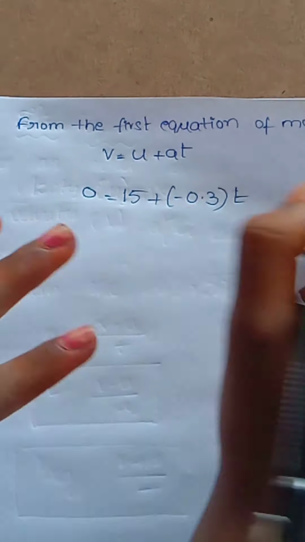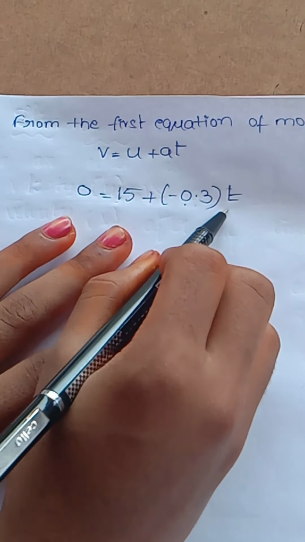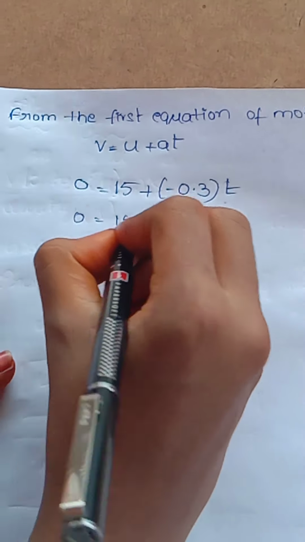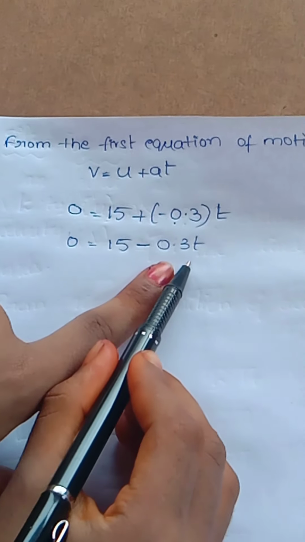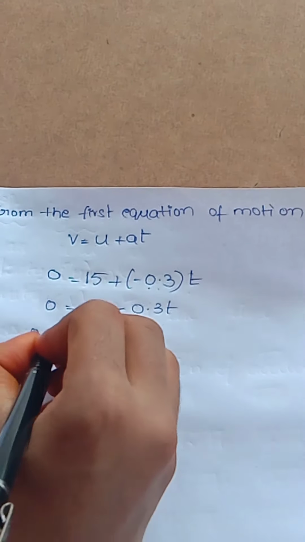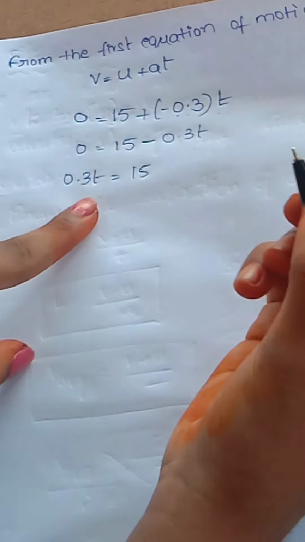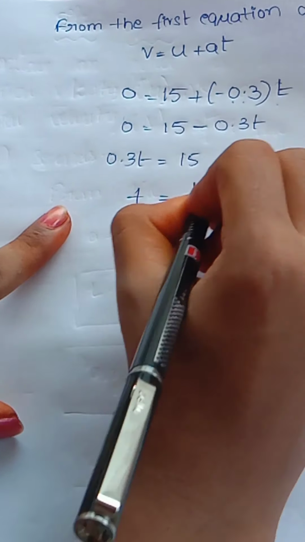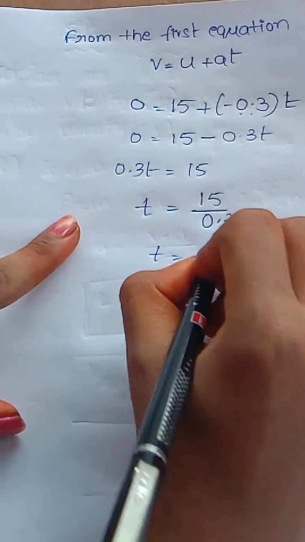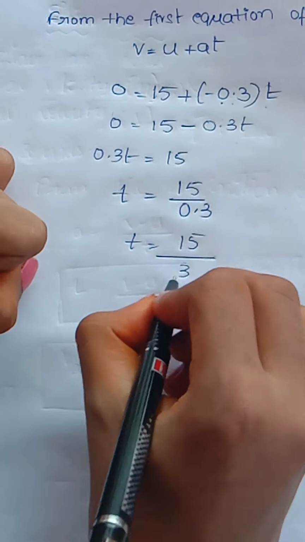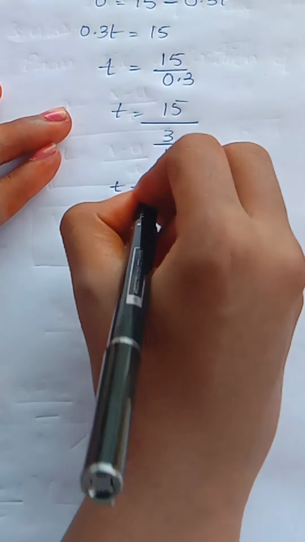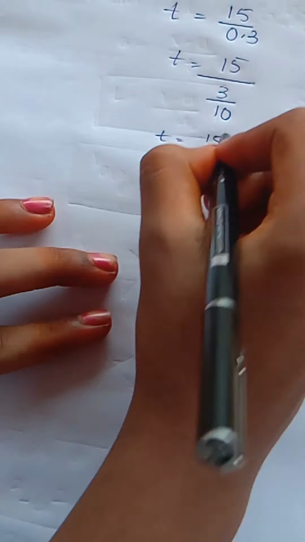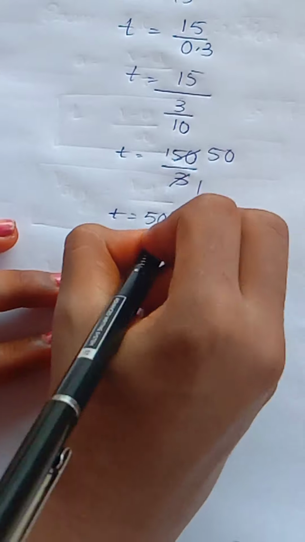So 0 is equal to 15 plus minus 0.3t. When minus 0.3t comes to this side, it will add. So 0.3t is equal to 15. Here multiplying, that side comes division. t is equal to 15 by 0.3, which can be written as 150 by 3. So time is 50 seconds.